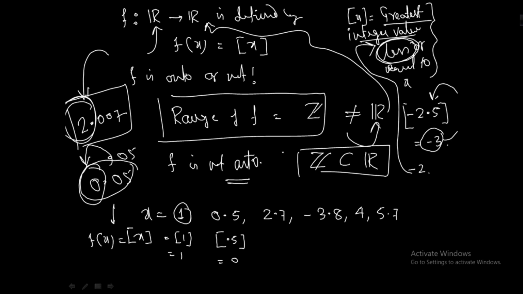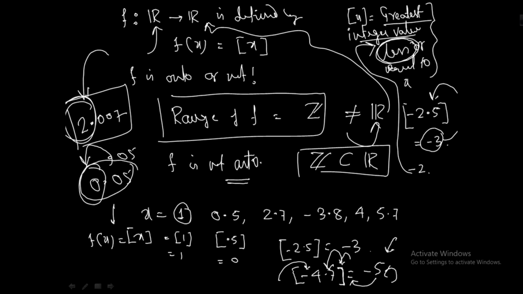If you choose -4.7, it will be -5, because the integral value must be less than or equal to the given real number. So -4 can't be the answer because -4 is greater than -4.7. We have to choose that particular integer which is the greatest in value but less than the given real number. So the greatest integer value less than -4.7 is -5.